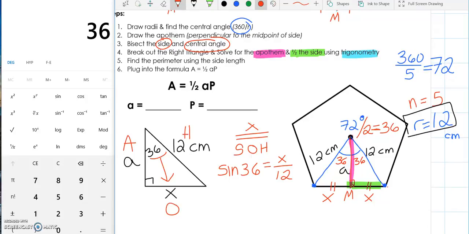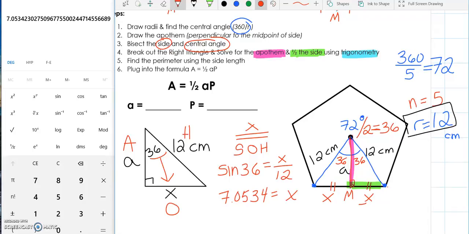Multiply both sides by 12, and now in my calculator, I'm going to do 36 sine times 12. And I get 7.0534. I'm going to go out 4 decimal places. That's your x.